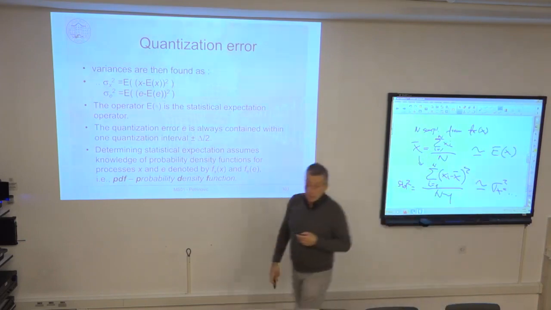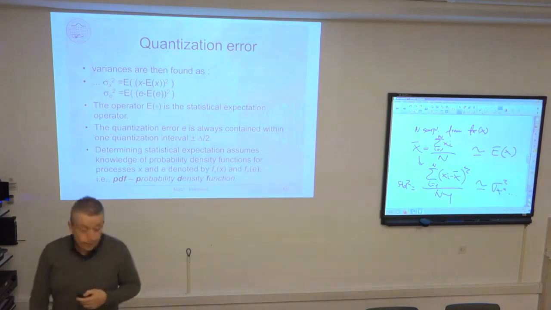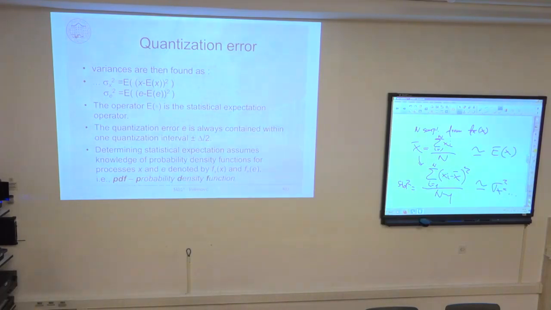Okay? So if the input process is Gaussian, then these two estimates are unbiased estimates. The sample mean is the unbiased estimate of the expectation, and the sample standard deviation squared is the unbiased estimator of the variance. Okay? But what we will do in our experiments, we will use these theoretical expressions to find these integrals, but also simulate the whole thing with actual numbers.